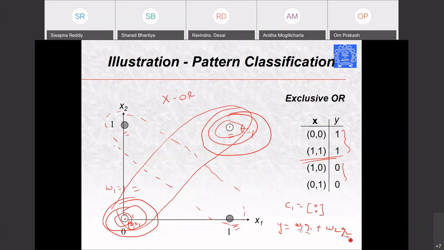G2 will not fire because it's a local unit, it is far away from 0 0, and you will get an output of 1. So I'll choose my W1 as 1, W2 as 1. If on the other hand I give, let us say, 1 0, then neither G1 nor G2 will fire, and so you'll get an output of 0. So if you give 1 0 or 0 1, you will get your target of 0, and if you give 0 0 or 1 1, you get your target of 1.